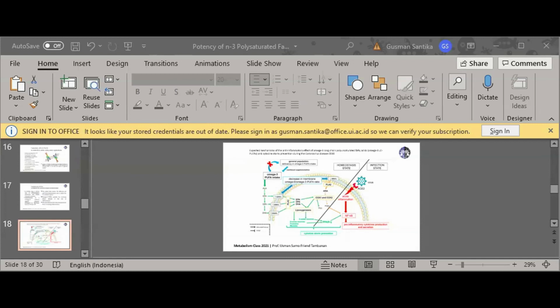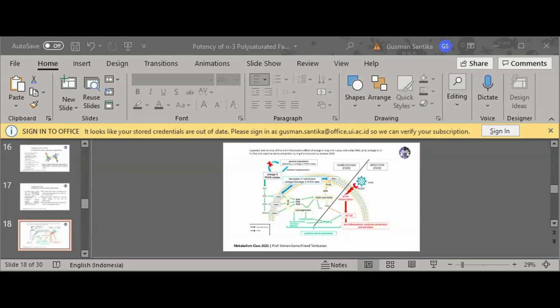But the advantage of omega-3 is that when we have omega-3, it will help our body to prevent the cytokine storm caused by omega-6, that is, excess cytokine in our body. I think that's all. Hope it answers the question.